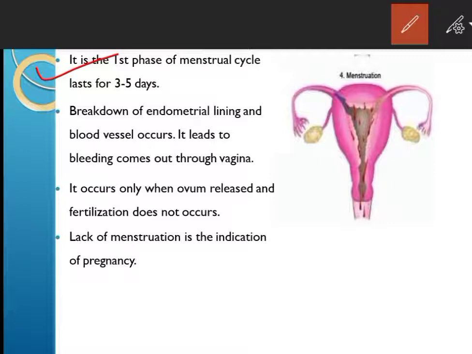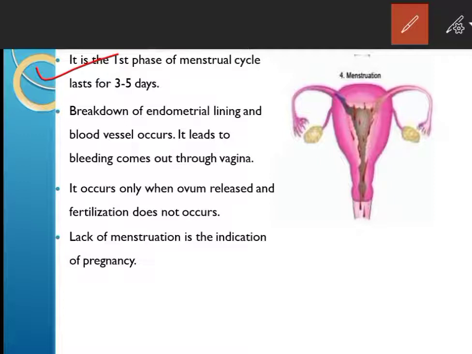If fertilization does not occur, the unfertilized egg undergoes autolysis, meaning self-breakdown. Second is reduction of LH, which causes regression of the corpus luteum by autolysis and thus a consequent fall in the progesterone level in the blood.